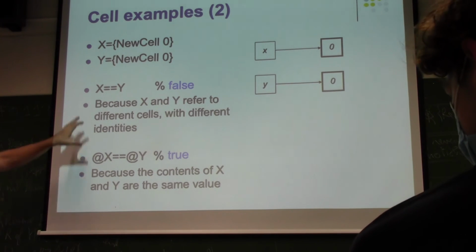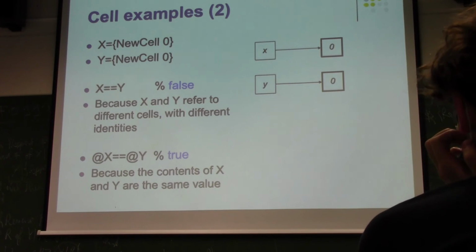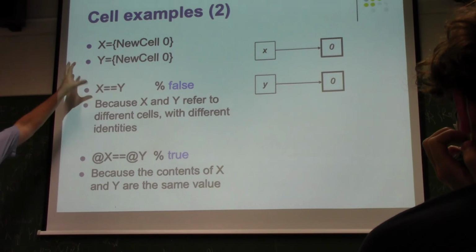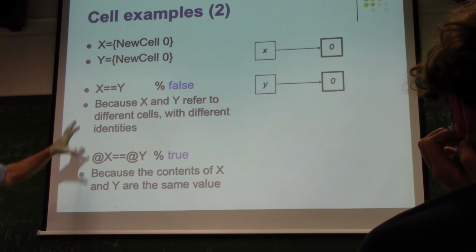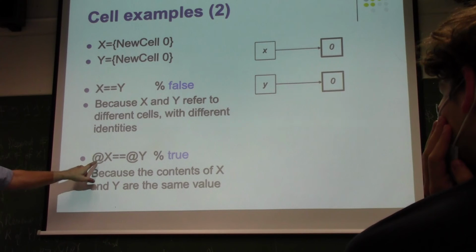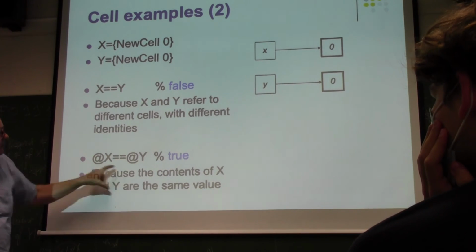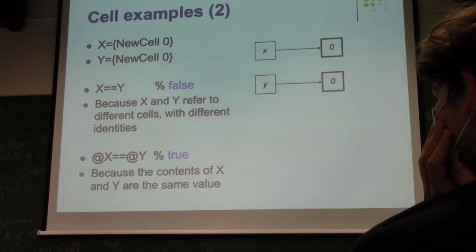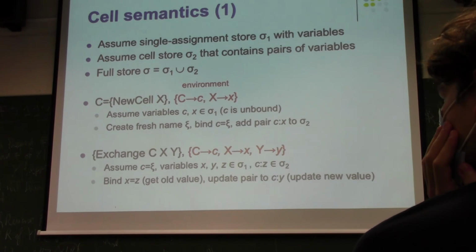Most languages have this; it's called references or pointers, pointer dereferencing, whatever. Most imperative languages that use mutable variables do something like this. If you compare the content of x with the content of y, this will be true because the content is the same.